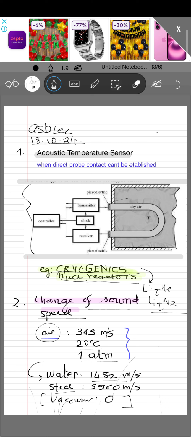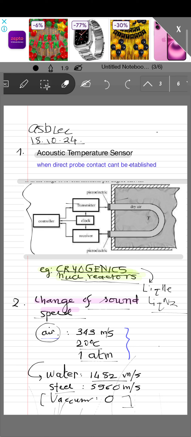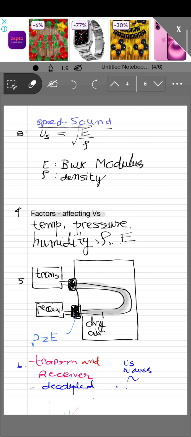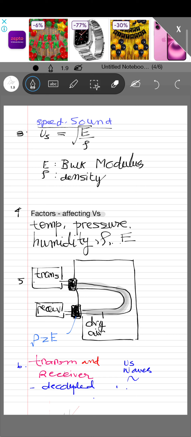Basically we are transmitting ultrasonic waves, at a frequency of about 100 hertz, and they travel along the tube, which consists of dry air, and they get received.